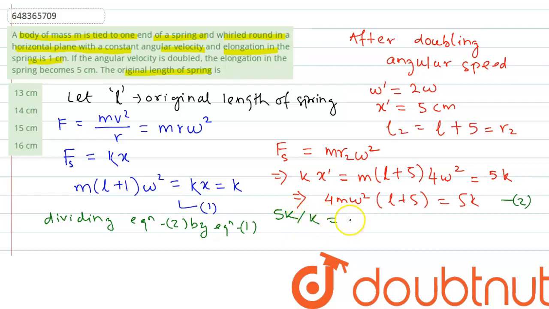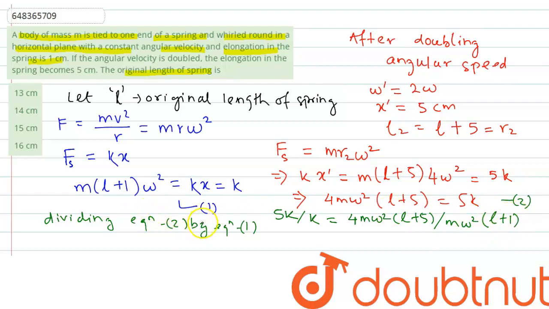This will be equal to 4m omega square into L plus 5, divided by m omega square into L plus 1.